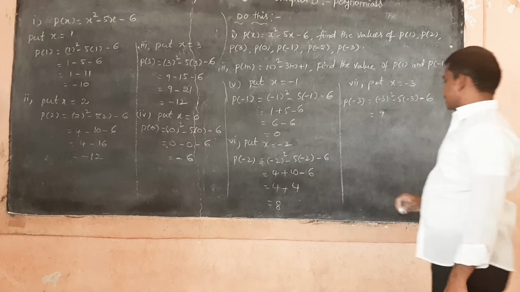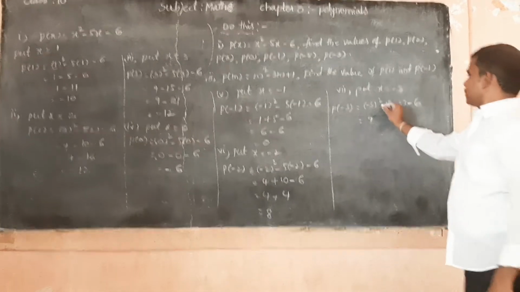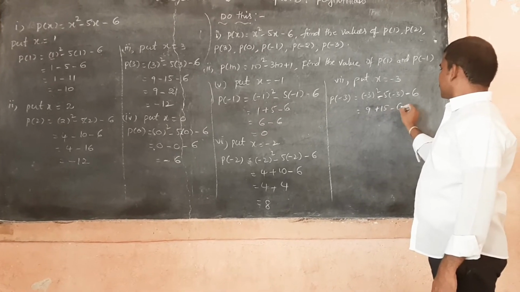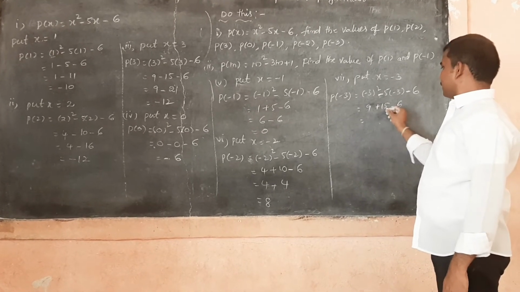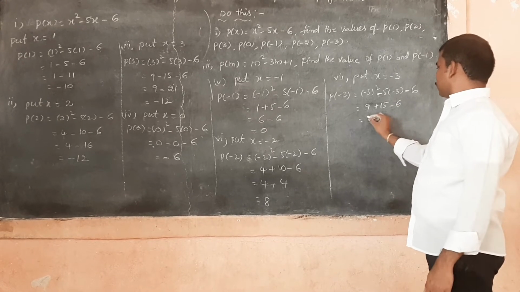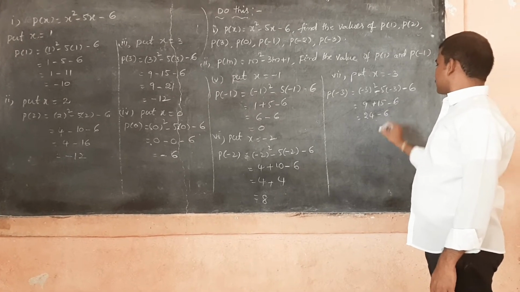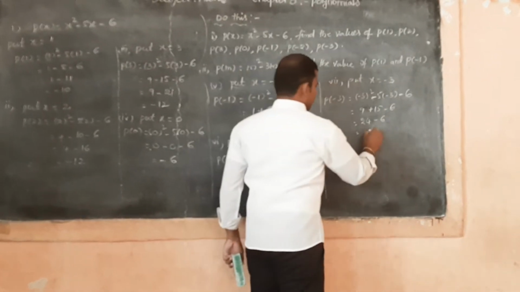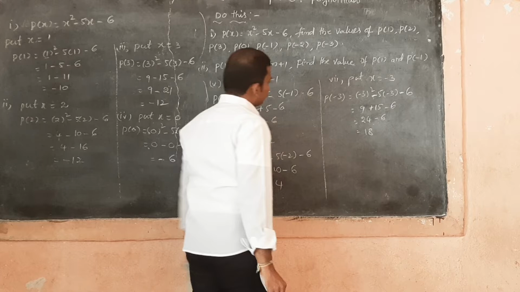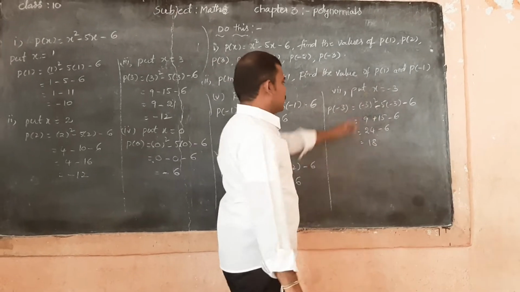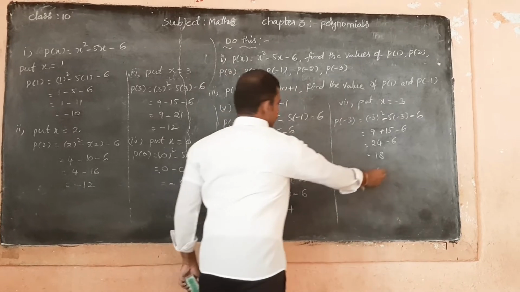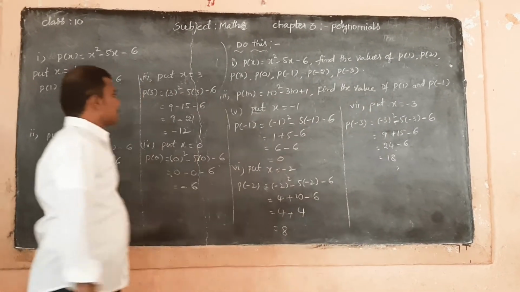Minus 3 whole square means 9, minus 5 into minus 3 is plus 15, minus 6. 9 plus 15 is 24, minus 6. 24 minus 6 is equal to 18. So this is the value of the given polynomial at x is equal to minus 3. So this is the complete solution of the given question.